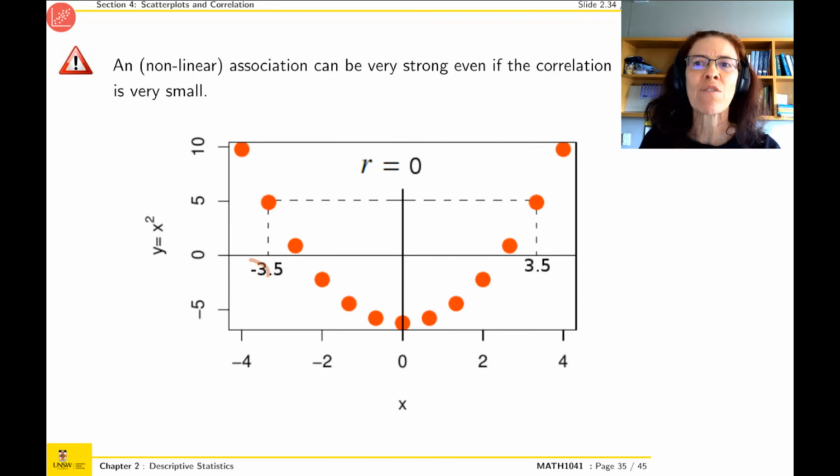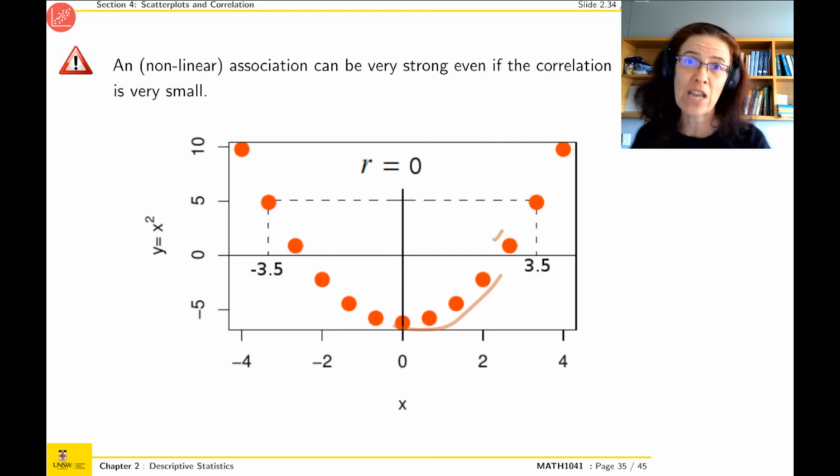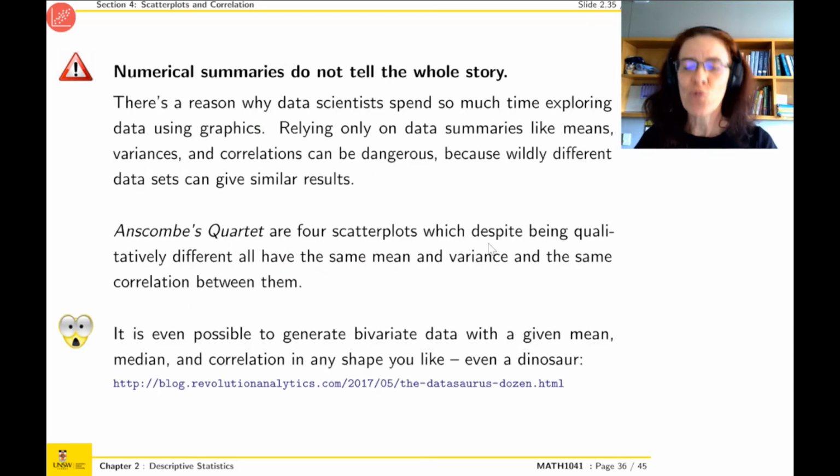This one is the negative of the other one, so they will cancel in the sum. Same thing for those two dots. And this is how you can get a linear correlation equal to 0, although this is the strongest possible relationship because it's exactly on a curve. So that was the first warning.